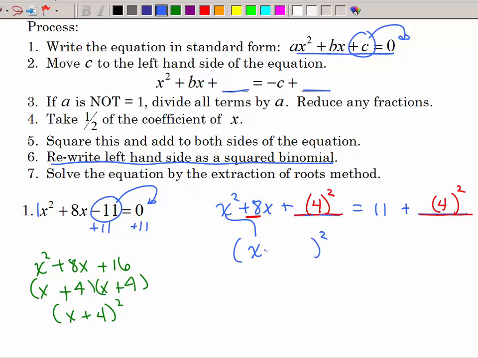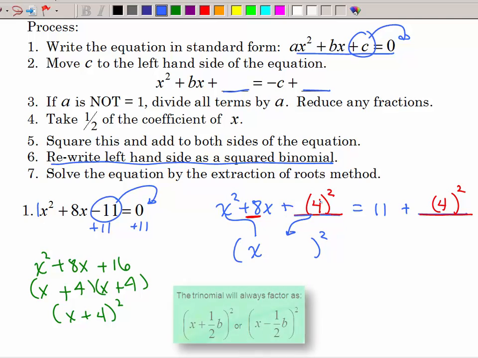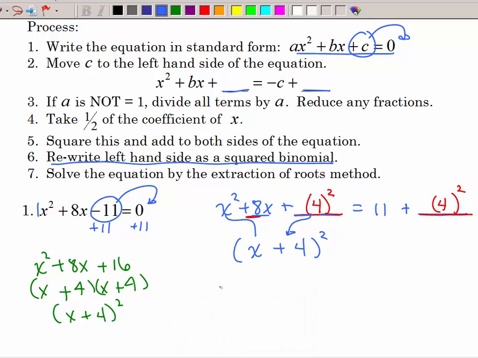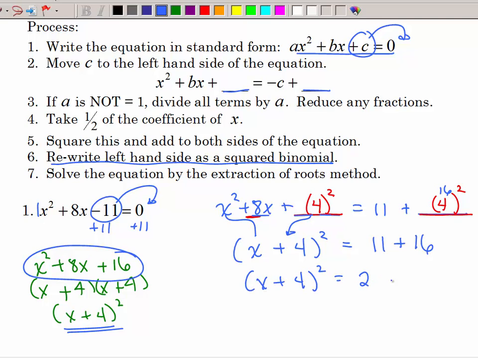This letter goes here, and then half of that coefficient goes there, including the sign. So half of positive 8 is positive 4. And notice, if you were to FOIL that out, you would get x squared plus 8x plus 16. Now on the other side, we just have 11 plus 16, which I believe is 27.